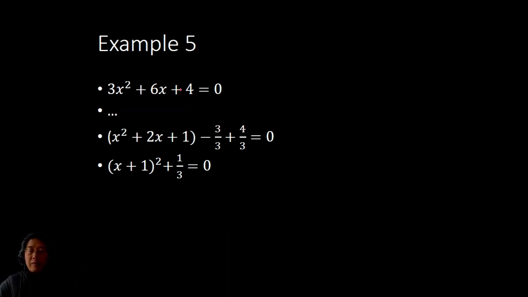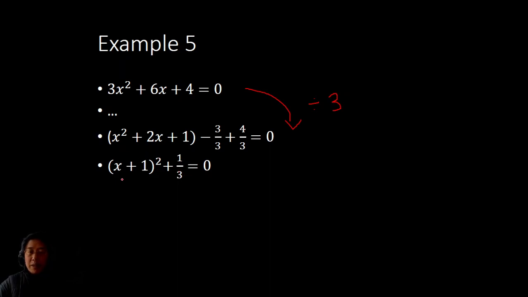This time you have another example we did before when we have a non-monic. So we need to factorize that a term. When you have an equation, what you did instead is divide by a. So what we did here is we divided by 3. Okay, that is for the equation.